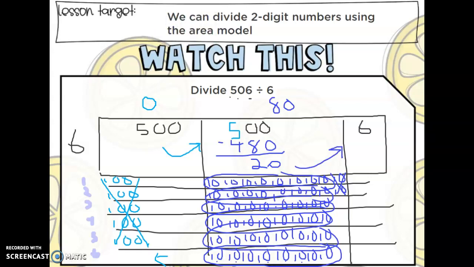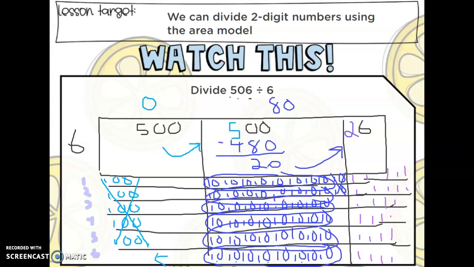So now in my ones, I'm going to have 26. So I'm going to put in 1 in each of my 6 rows until I get to 26. So I have 1, 2, 3, up to 26.